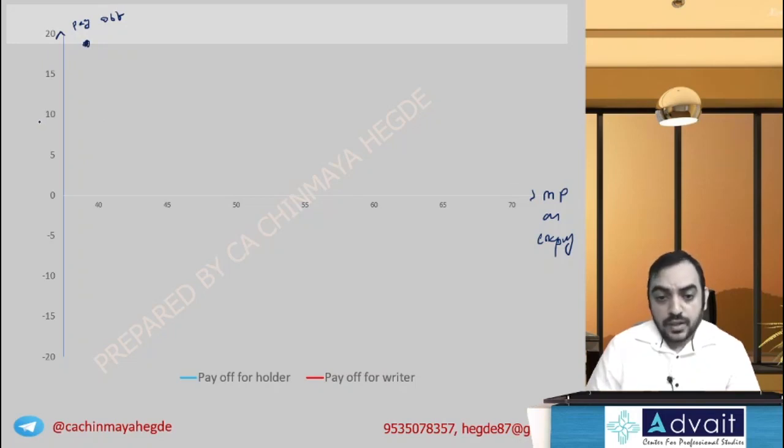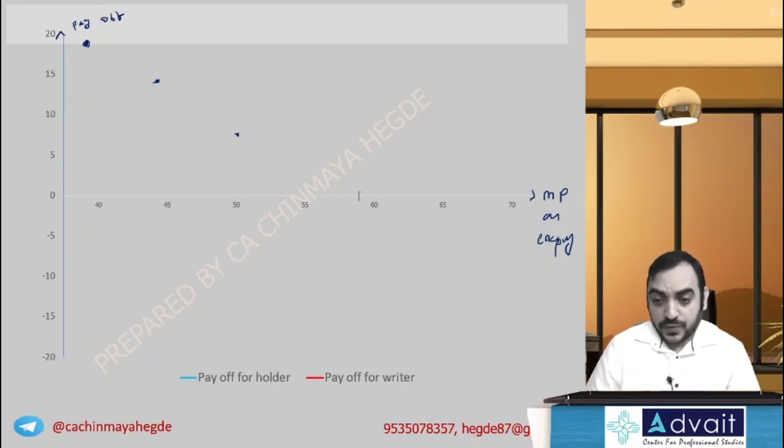At 45 rupees, we got 13, a little below 15. At 50 rupees, we got 8, below 10.